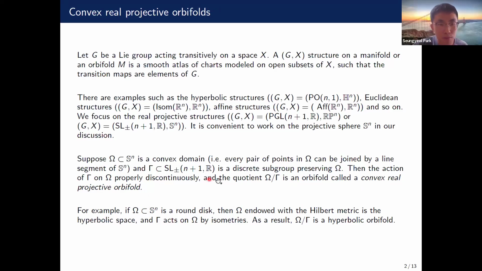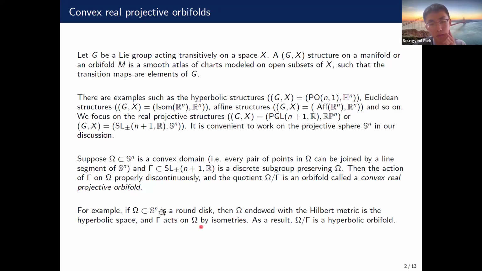The classical example of this convex real projective structure, or convex projective orbifold, is a hyperbolic structure. In that case, this Omega is a round disk inside this real projective space. Whenever we have a convex object, we can think of the Hilbert metric on that Omega.